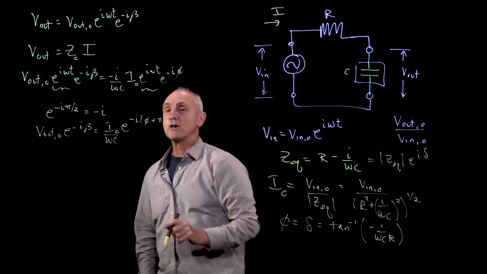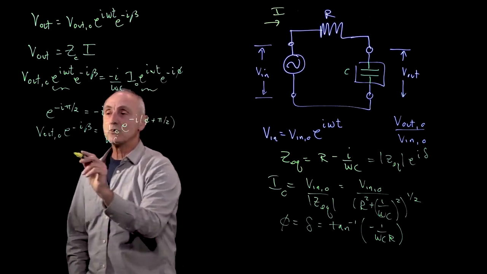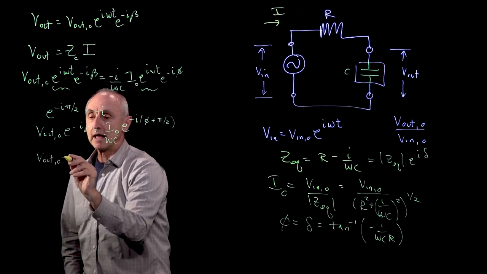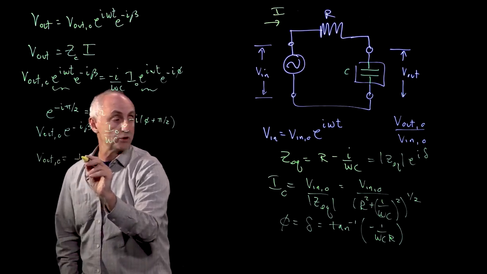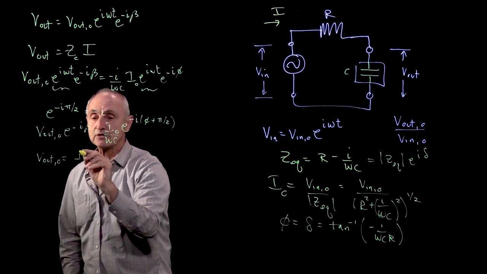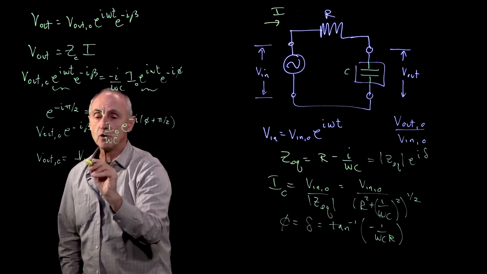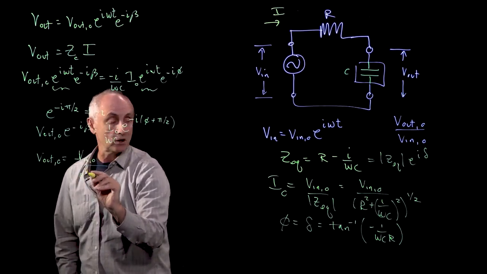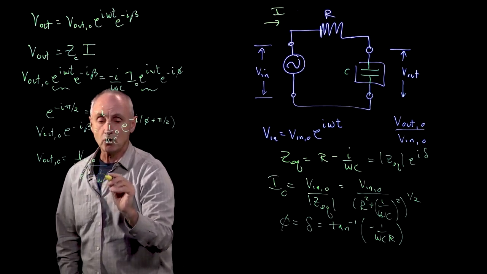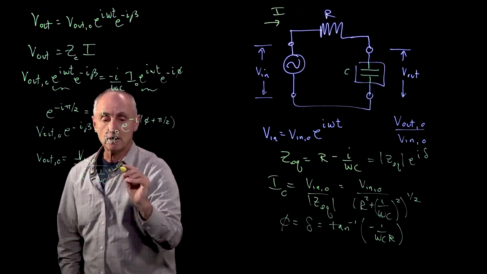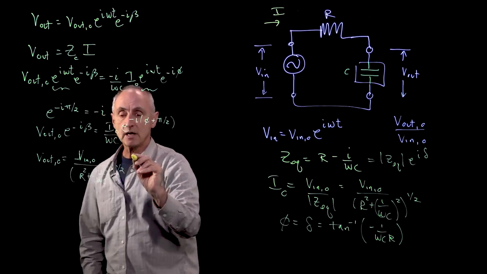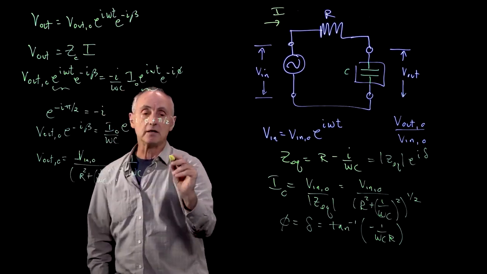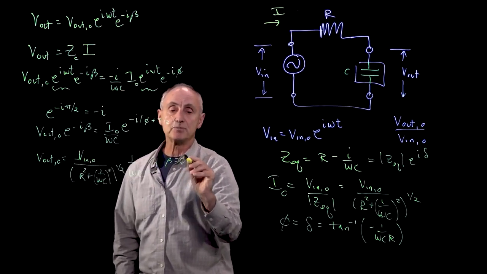So there's how we've analyzed it. And so we see that V out in amplitude is I naught, which we've solved for as V in naught over the quantity R squared plus (1 over omega C) squared, to the 1/2, times another factor of 1 over omega C. And notice that beta is equal to phi plus pi over 2.